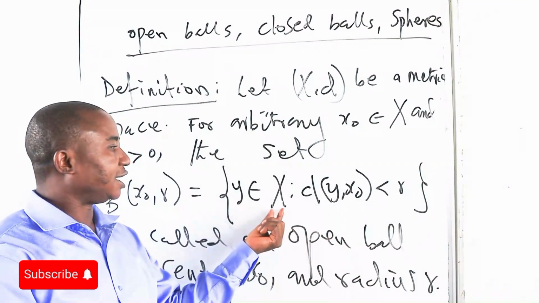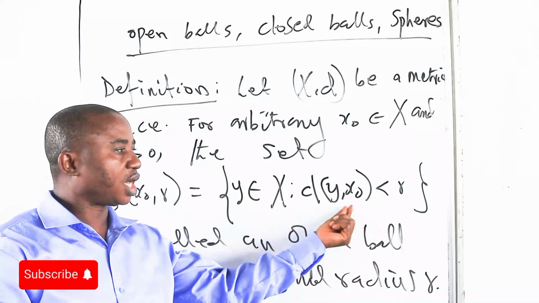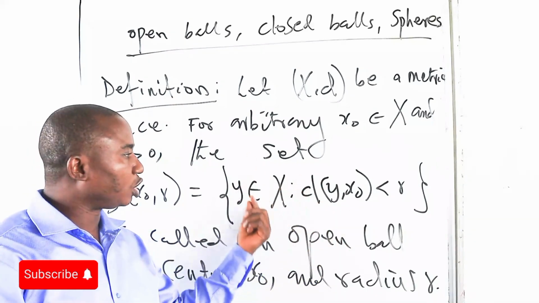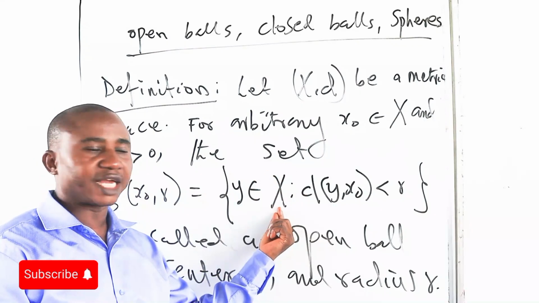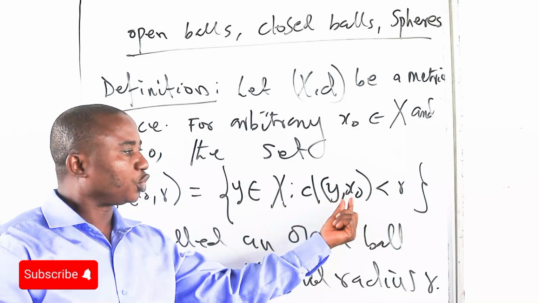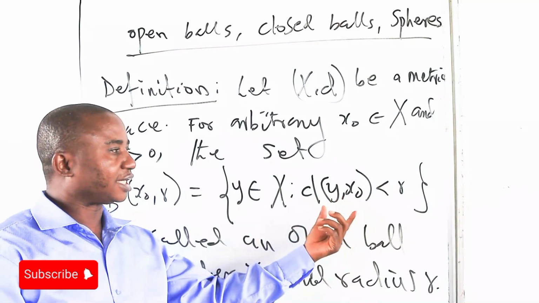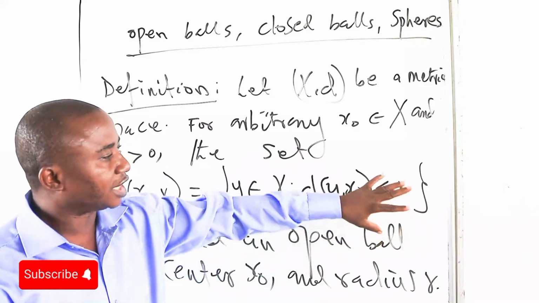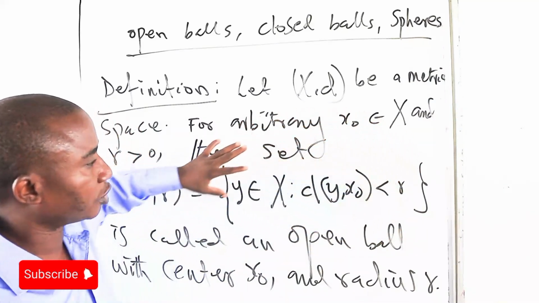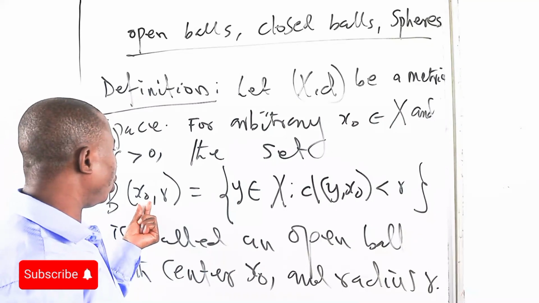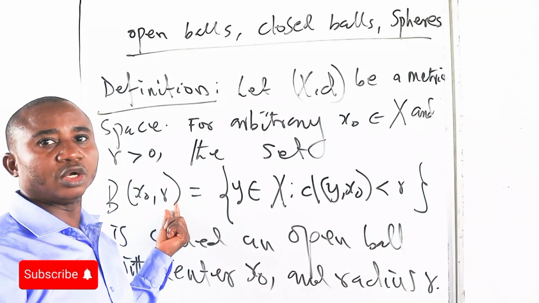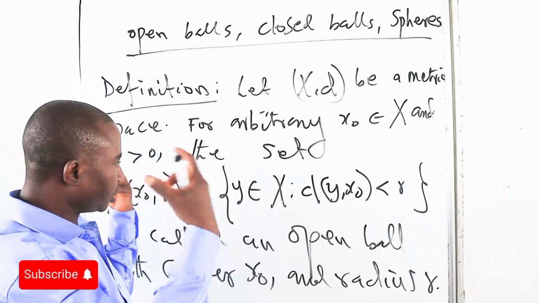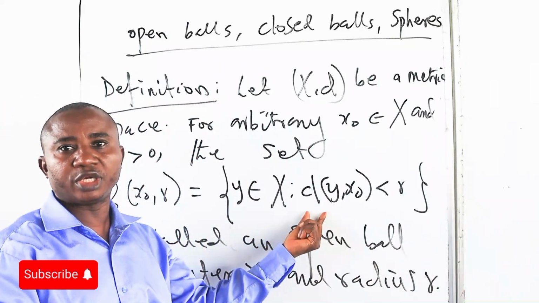I take another y, measure, and throw it in the same basket. I continue until I exhaust all possible elements of X. Whatever has distance smaller than r from x naught stays in this basket, and at the end that basket is what I call an open ball with center x naught and radius r. Please, the use of a basket is just for illustration, to keep in mind how the set we call an open ball is formed.